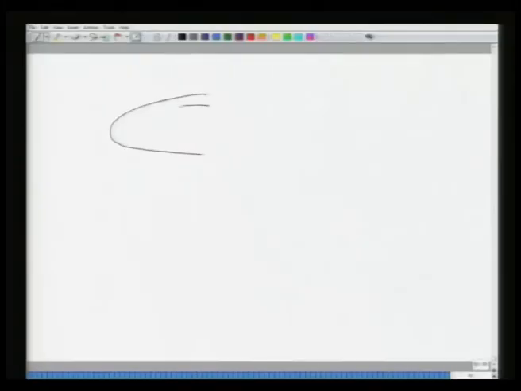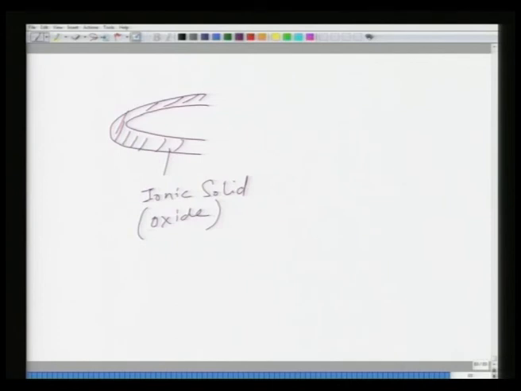Now, the third and last case that we will discuss here is the oxygen sensor. So, oxygen sensor, as we discussed, has a design like this, and this is your ionic oxide or ionic solid, basically which has high conductivity.